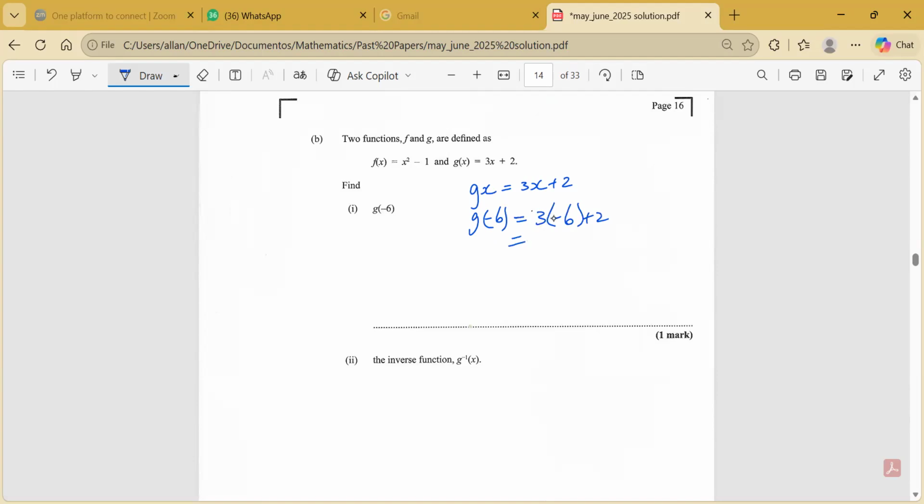Six threes are 18, but the 6 is negative. So g of negative 6 is equal to negative 16. Everybody agree with that? Let me just watch out people's work. Those people who sent.